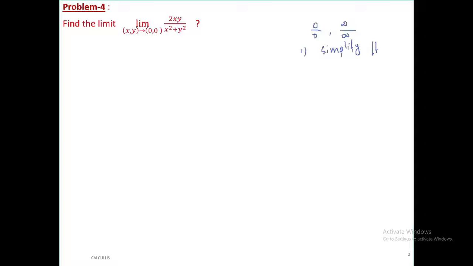This is particularly for two variable functions only. Or again, if you're getting 0 by 0 or infinity by infinity form, then apply the path limits.